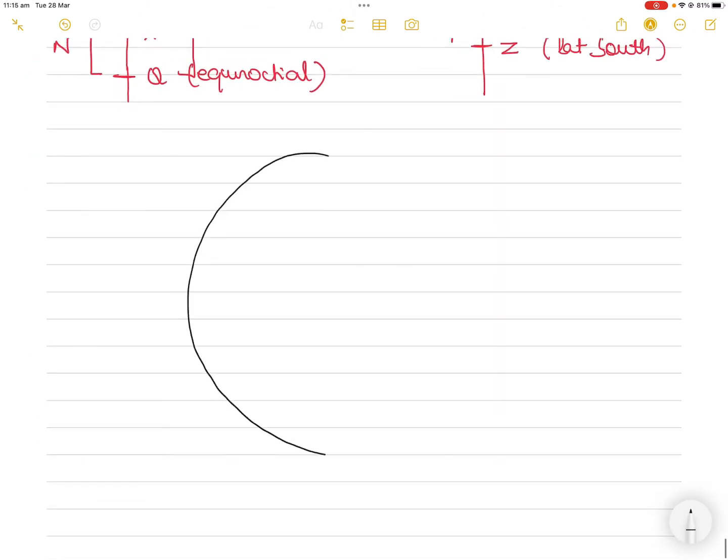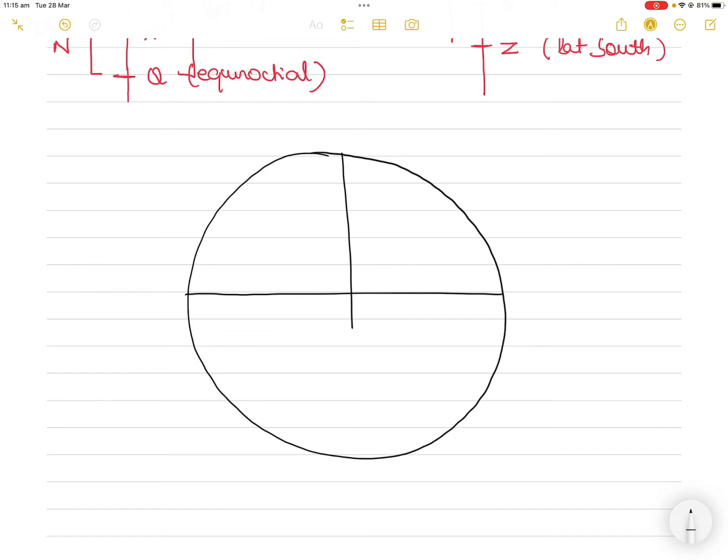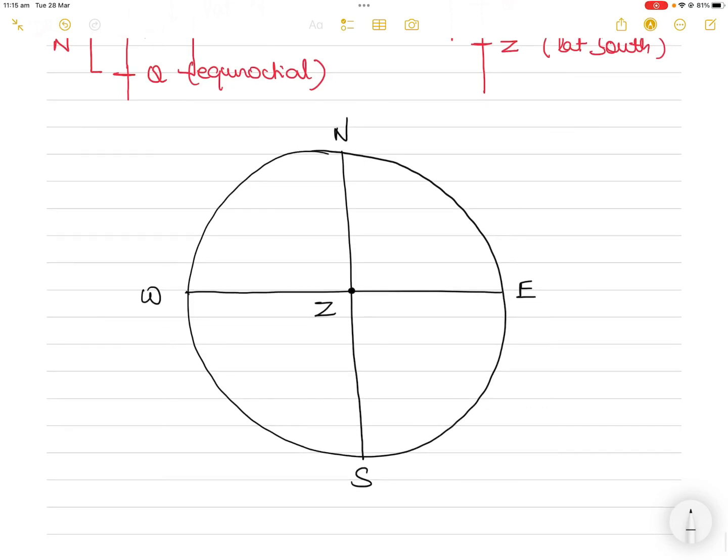So let's draw another diagram. I'll draw a rational horizon diagram: a horizontal circle and a vertical line, and call it north, south, west, east. Put the observer in the center of the rational horizon. Maybe make it a north latitude again.